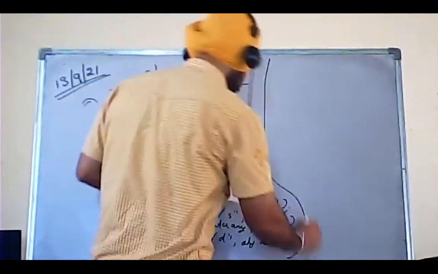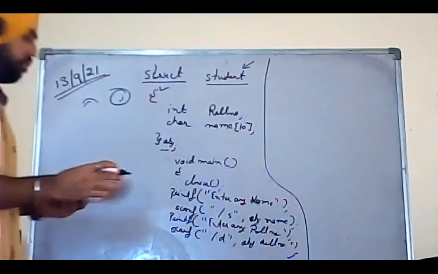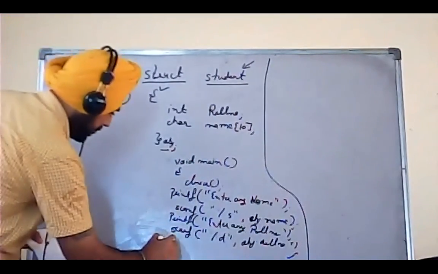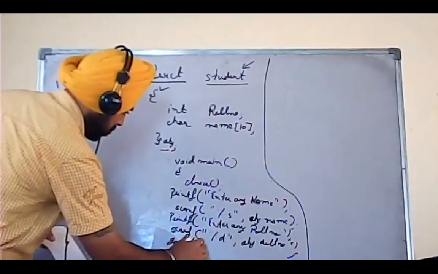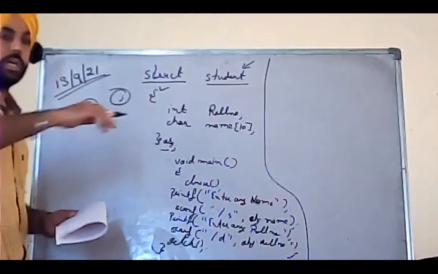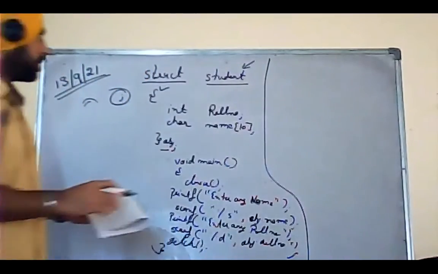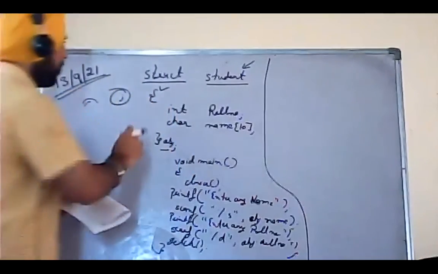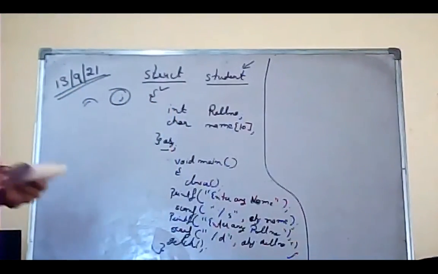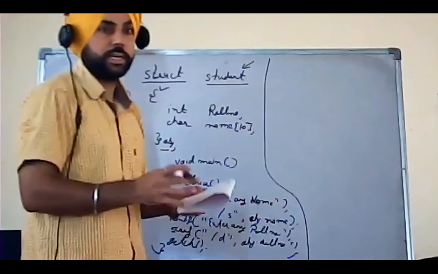After entering this, we will use getch for holding the output screen and close the compound statement for the main function.